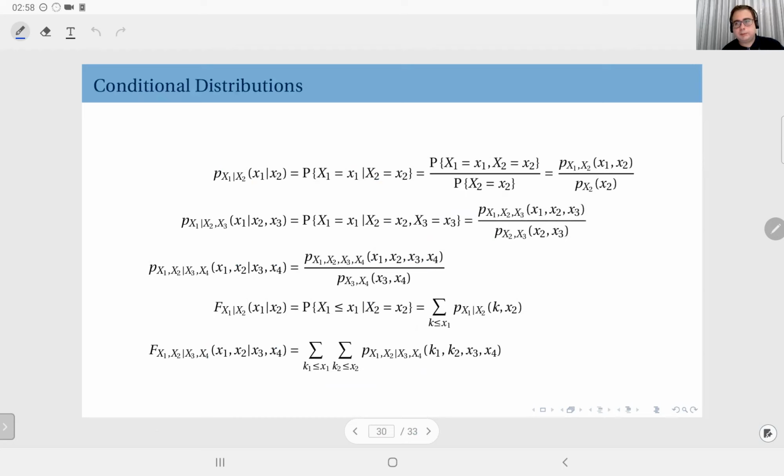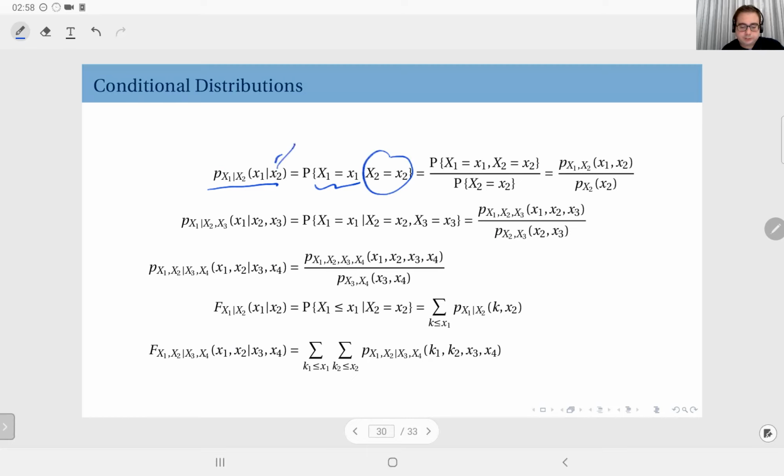Okay, next we will talk about conditional distributions. Again, the definitions are the same as for single random variables, so I will just generalize them here. The conditional PMF, in case we have a discrete distribution, of x1 given the value of x2. So this is the probability of x1 being equal to parameter x1 given the value of x2.